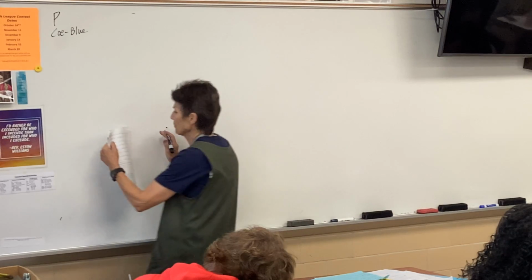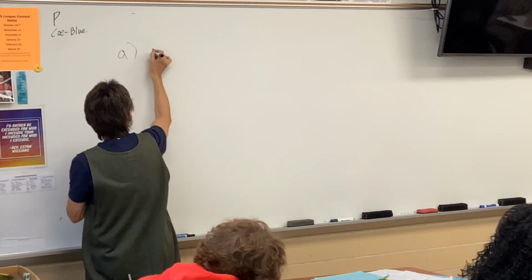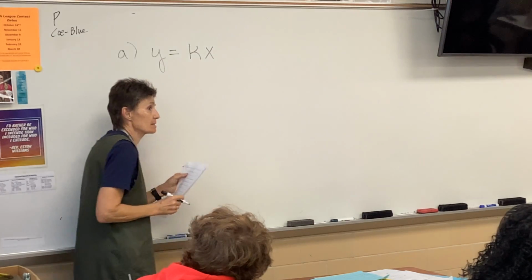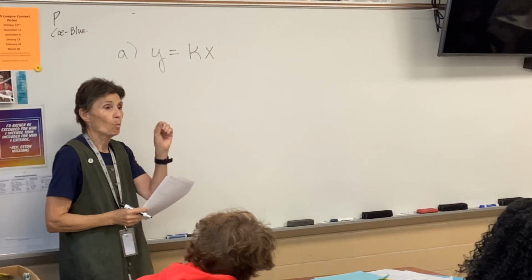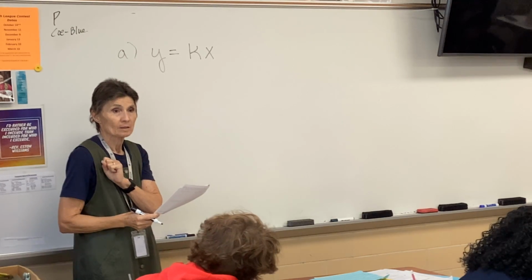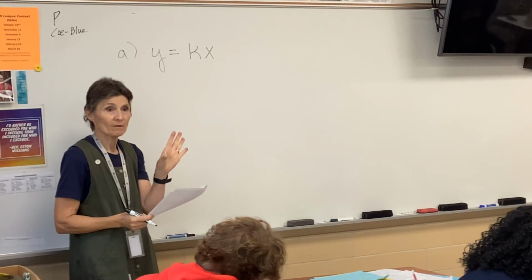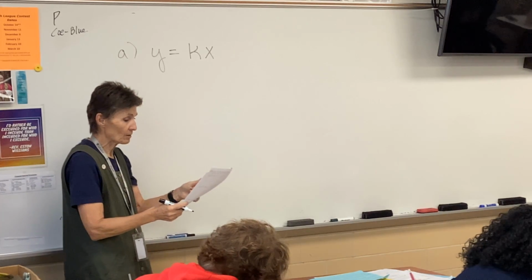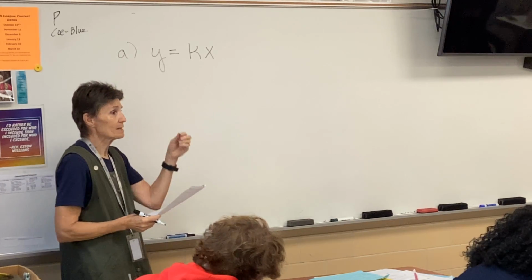Question A, y varies directly as x. That means y equals something times x. Okay, that's direct variation. So anytime you have a problem, and if you look down there, you're going to have some word problems.